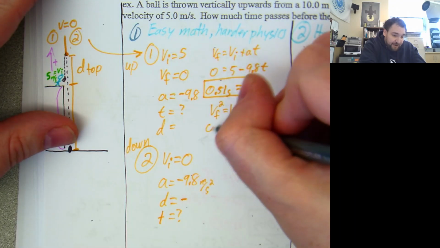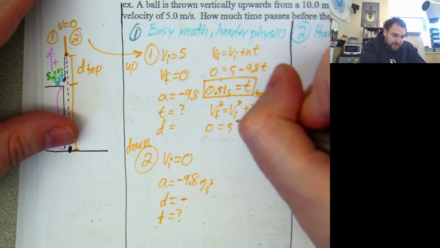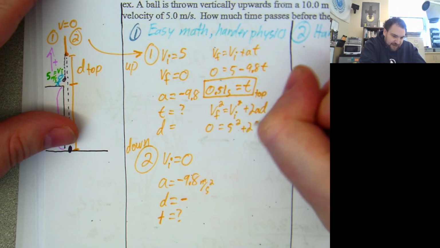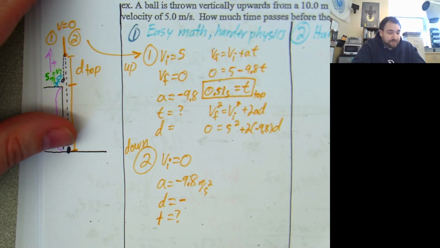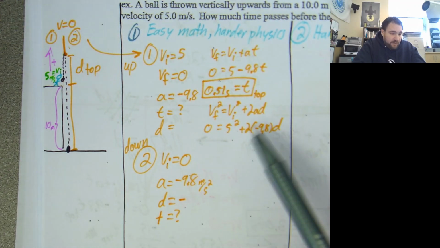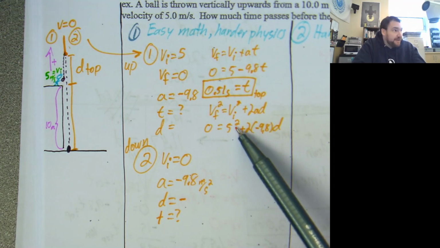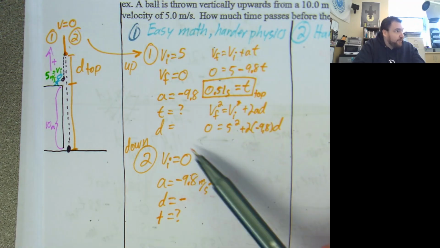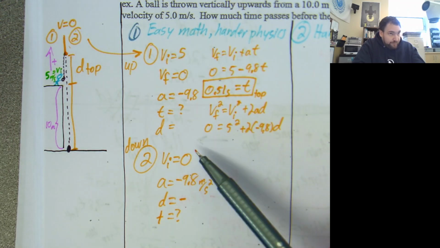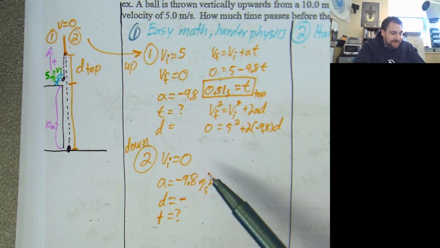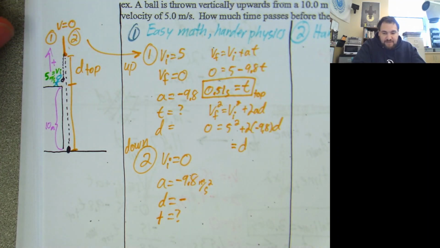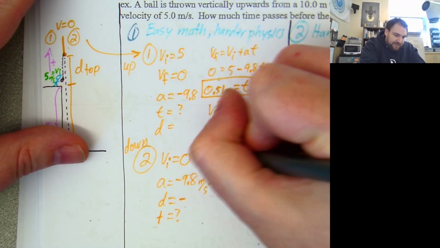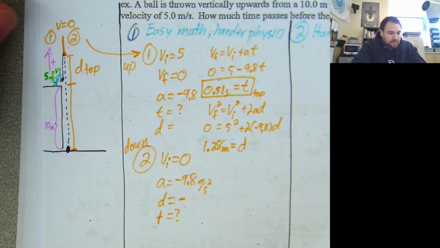VF is still 0. VI is 5, but we're going to square it, plus 2 times negative 9.8 D. 5 squared is going to be 25. I'm going to subtract it over, divide that by 2, and divide it by negative 9.8. And you're going to find that that displacement is 1.28 meters.